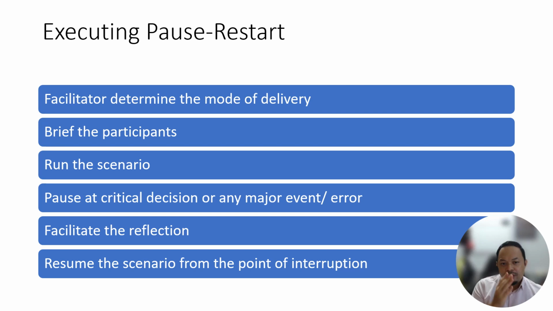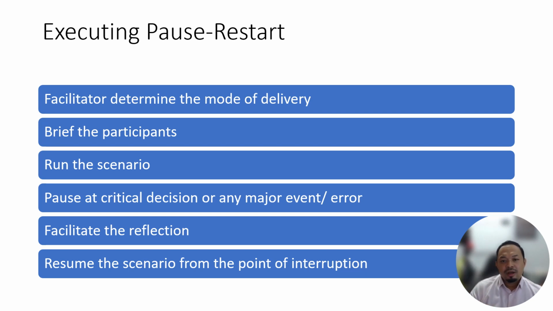Or when you see a major event, for example, you are not satisfied when they perform CPR, so you don't think that they give high quality CPR, you pause them and you dwell on high quality CPR, debrief them on it, and then you continue.